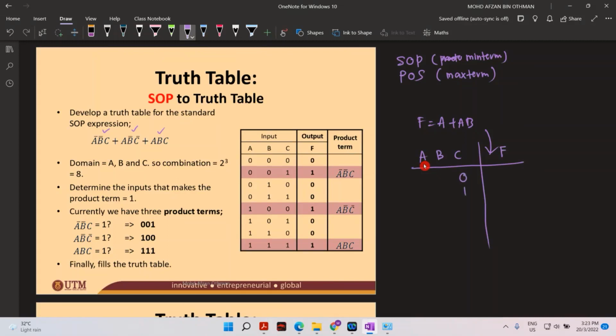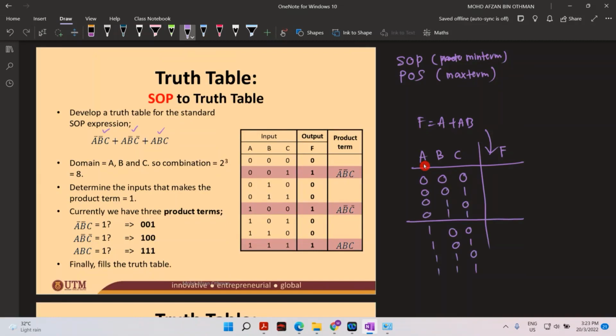Ada 8. Kita lukis dahulu 8. 0101, 0011 0011, 00001111. Okay, so kita dah create kita punya truth table.